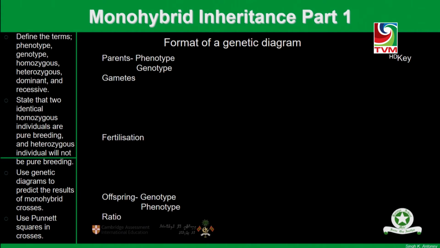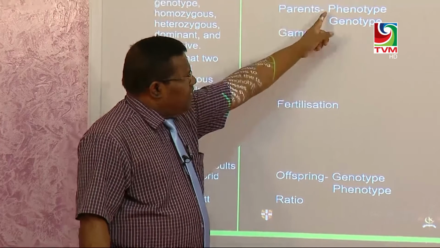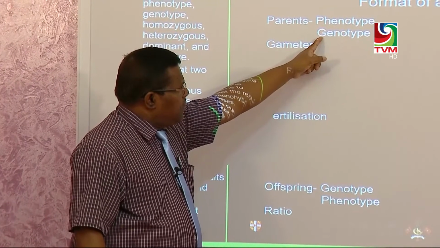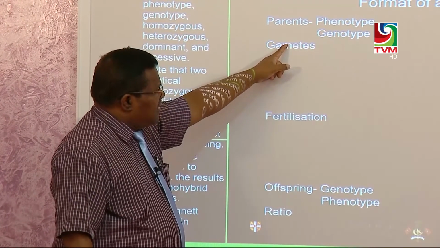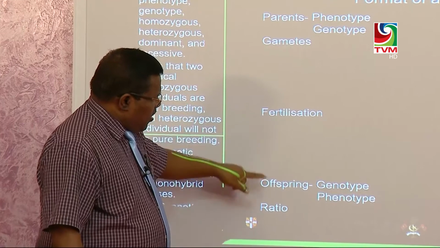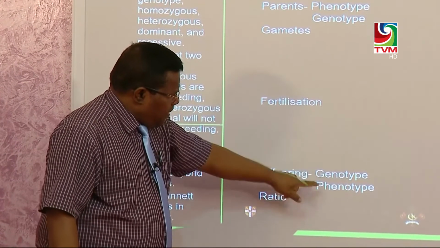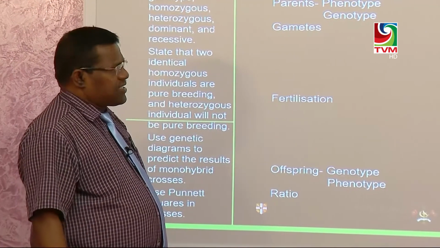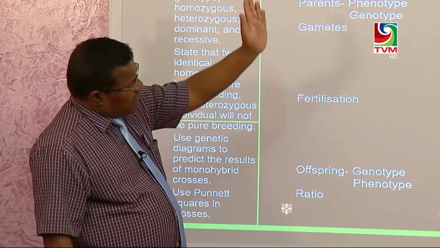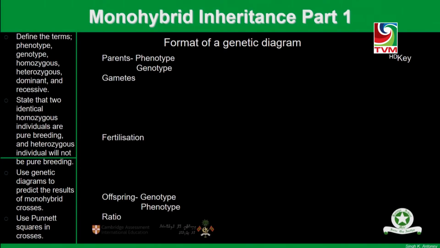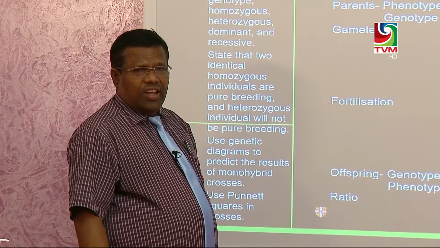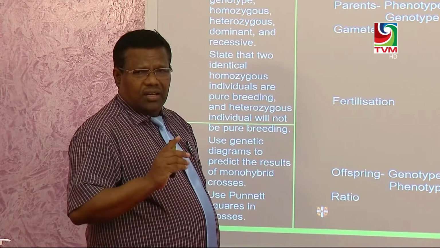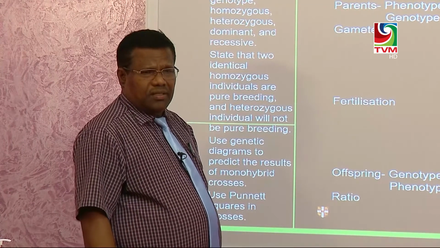You are supposed to write first the parents, then the phenotype, genotype, gametes, fertilization, offspring, genotype, phenotype, and ratio, if they are asking you to find it out. And at the right-hand corner, you are supposed to write the key, what kind of letters you are going to use. If the question mentions a letter, then don't go for any key. You can use the letter that is given in the question paper.